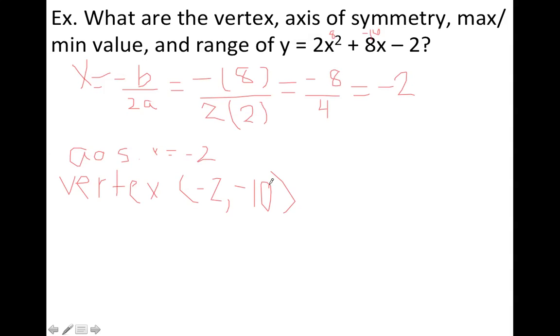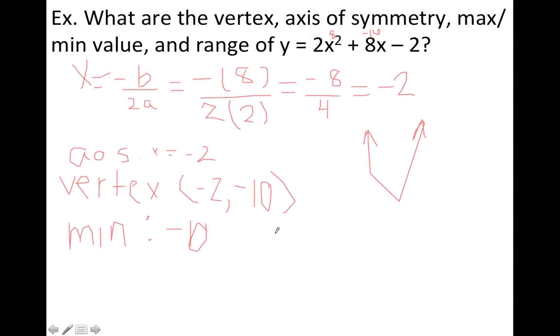Next we have to determine if we have a max or a min value. Since our graph will open up because the number out front of our x squared term is positive, we will have a min. And remember, your min is always the y value of your vertex. So our minimum value will be -10.